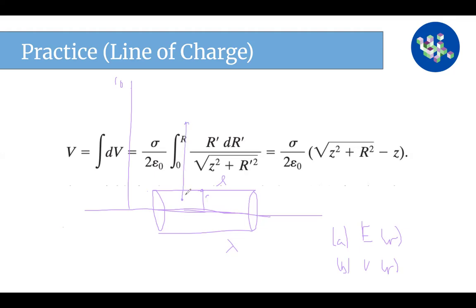You wouldn't expect it to deviate left or right, because there's a symmetry such that a test charge will only move in the radial direction if I release it. That means the electric field lines are always pointing radially outwards. This is what the electric field lines look like across the wire, and also down and into and out of the screen.